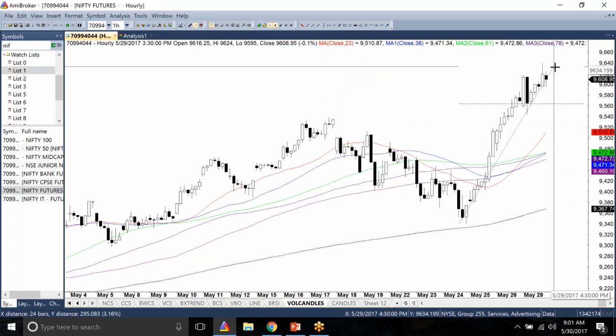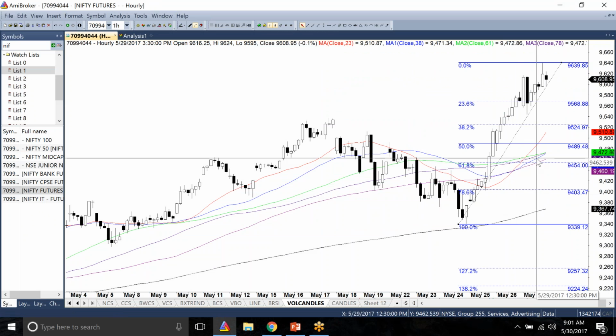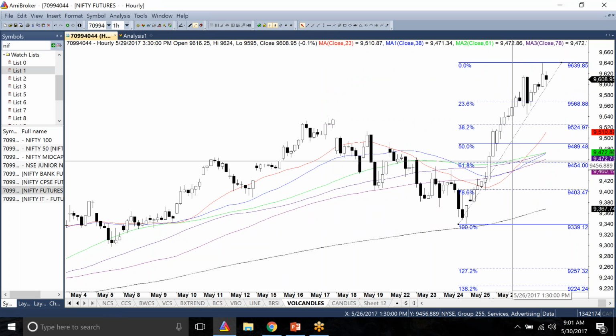We will draw a retracement here, and then we will see at which level Nifty stops. We have to confirm it with our price action also, and see at which level Nifty stops, and from here where it moves. So right now we are at a resistance shown by the extension tools. We will have to wait and see whether Nifty behaves at this point.